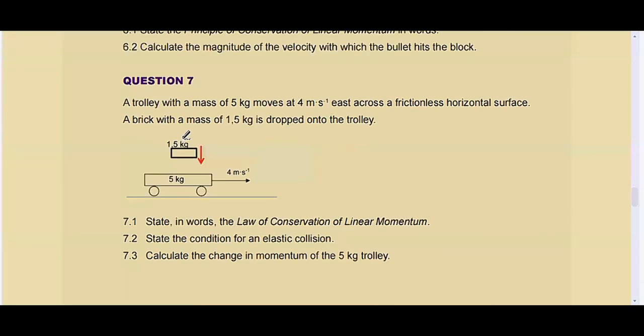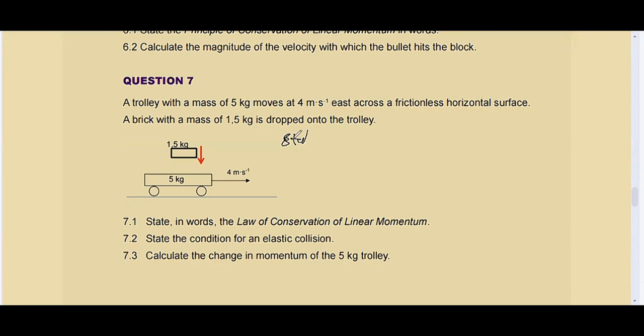Now, question 7. They say a trolley with a mass of 5 kg moves at 4 meters per second east across a frictionless horizontal surface. A brick with a mass of 1.5 kg is dropped onto the trolley. Now, 7.1 again, state in words the law of conservation of linear momentum.